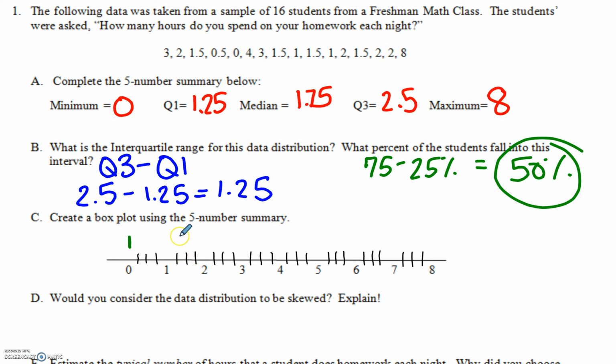Q1 was 1.25. The median is 1.75. Q3 was 2.5, and then our maximum is 8. So we're going to create a little box from Q1 to Q3, connect our minimum to Q1, and Q3 to the maximum.